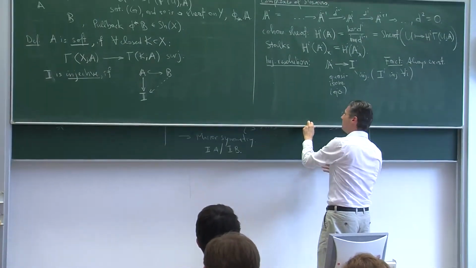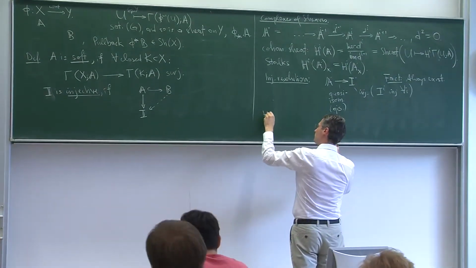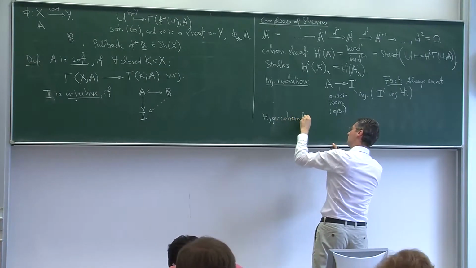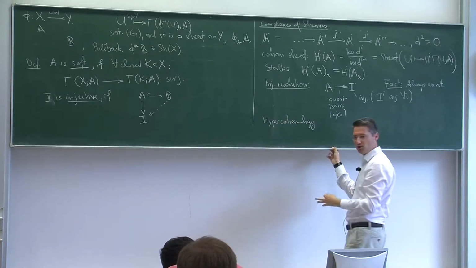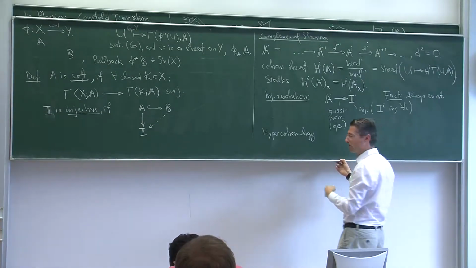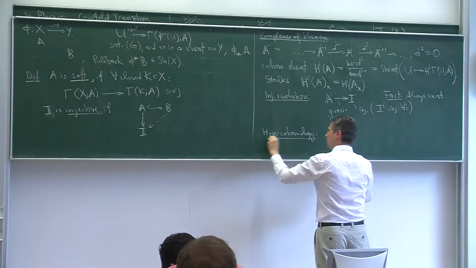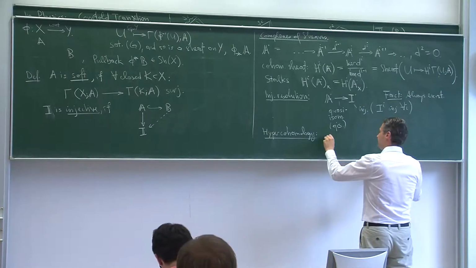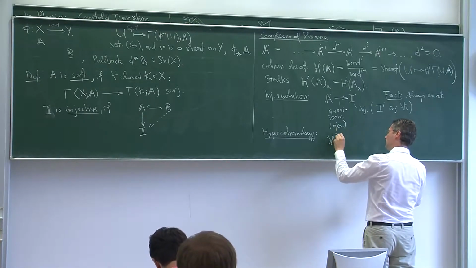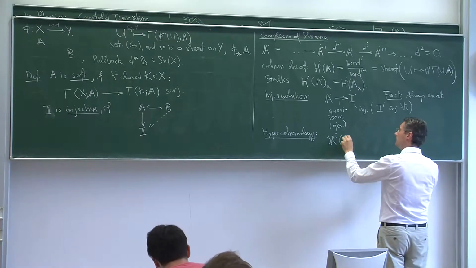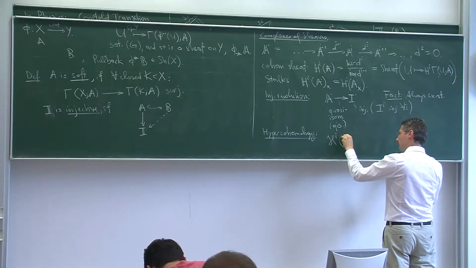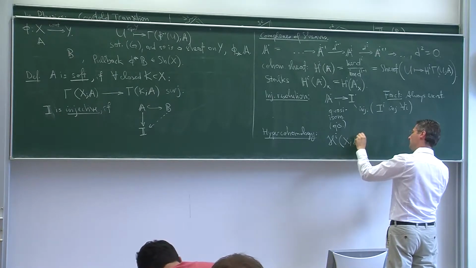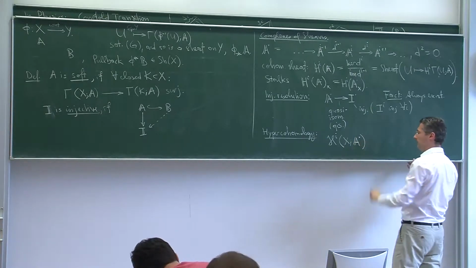And now with this, you can do the following. Now we define what's called hypercohomology, or sometimes just cohomology by people working in that area. Originally it was called hypercohomology. I'll write it like this: H^i of X with coefficients in a complex of sheaves A dot.